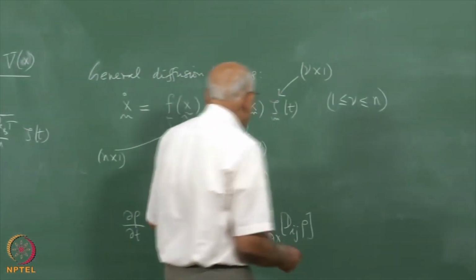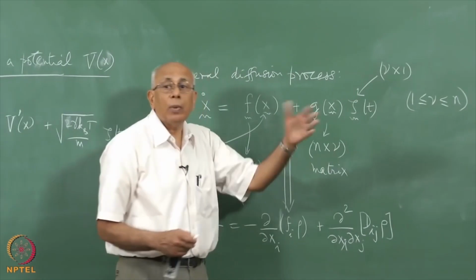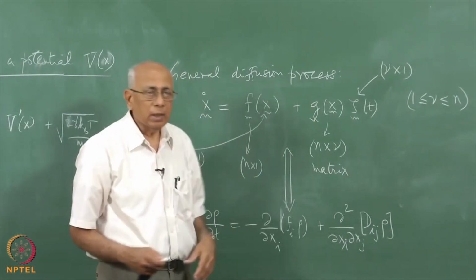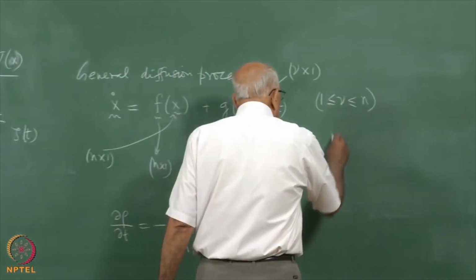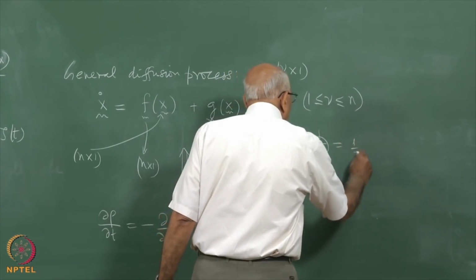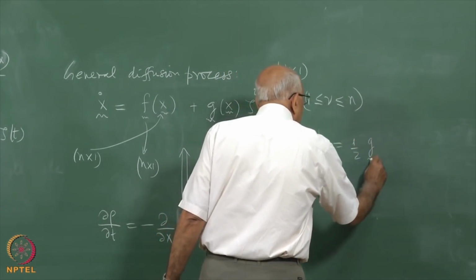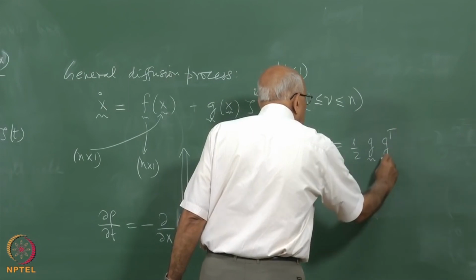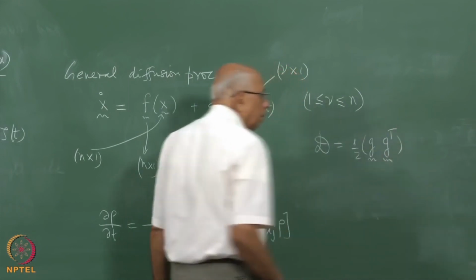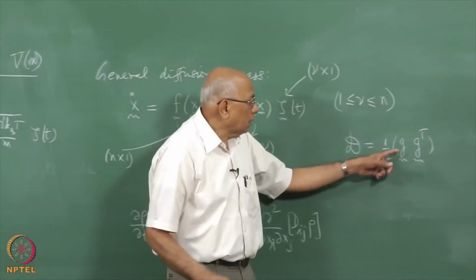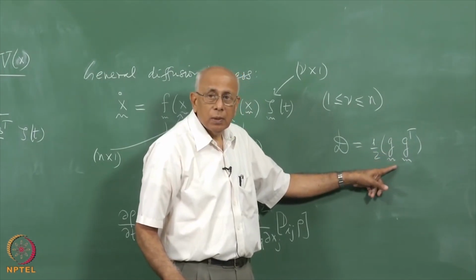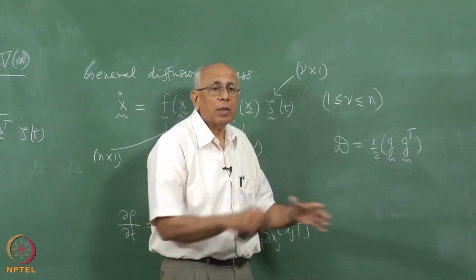So it is clear that we have to be a little careful. It is not just g squared as it would have been in the one dimensional case. This matrix D is 1/2 G matrix G transpose matrix, because this is n by nu and that follows nu by n. So the product is n by n.